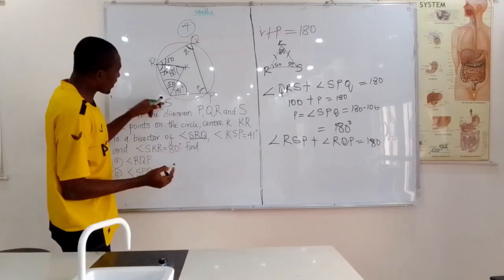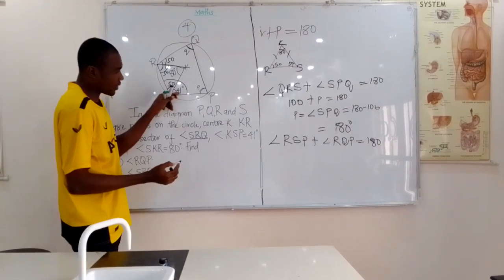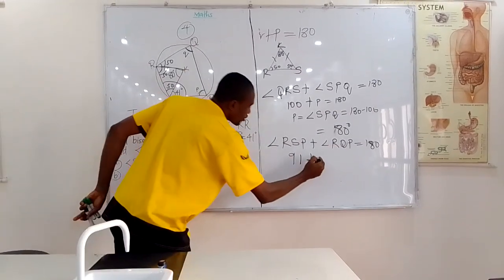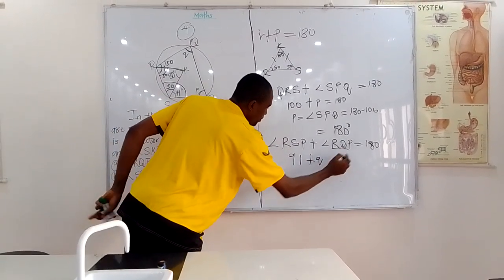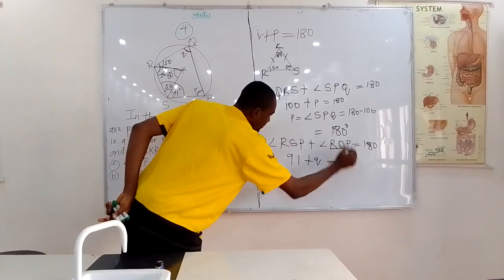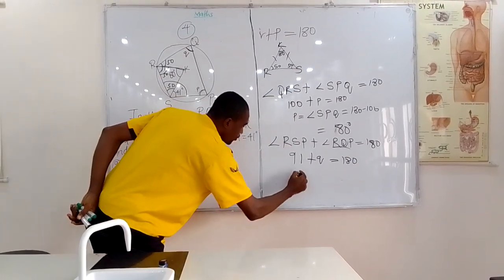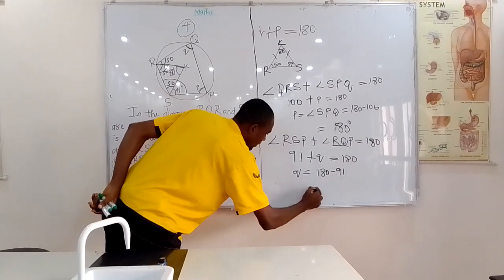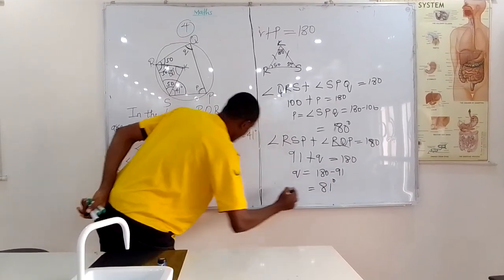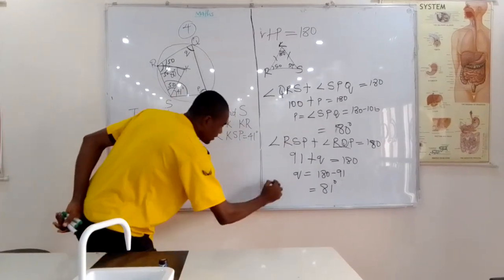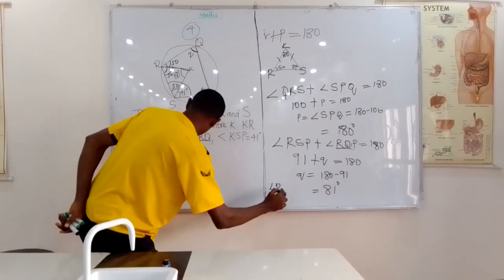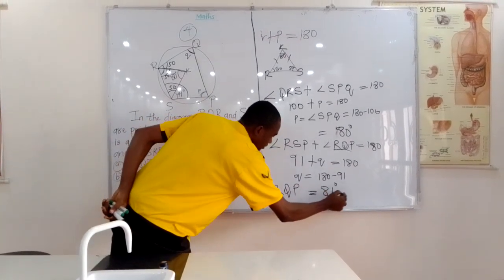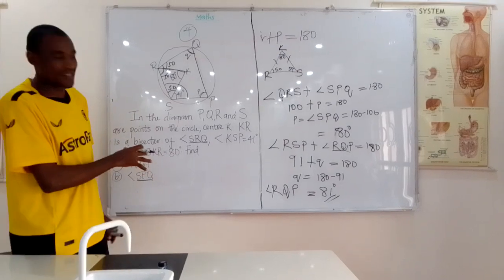We have angle RSP as 50 plus 41, which is 91, plus this angle here, small q, which is angle RQP, giving us 180. It then implies that q is equal to 180 minus 91, that is 81 degrees. So angle RQP is equal to 81 degrees.